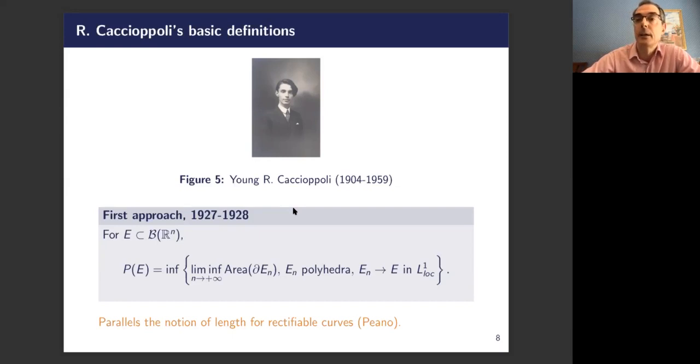We let the family of polyhedra converge in some sense to the original set, and we look at the limit of the sum of the areas of the faces. This notion of perimeter is what a perimeter should really represent. However, it's very difficult to use this definition concretely in analysis and for concrete computations.